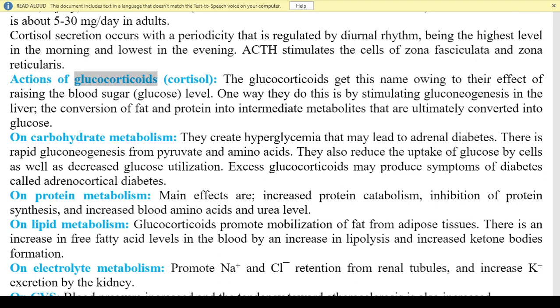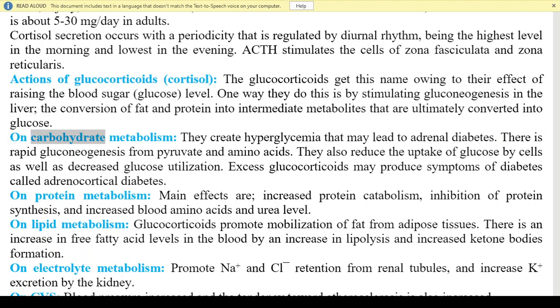Actions of glucocorticoids, cortisol. The glucocorticoids get this name owing to their effect of raising the blood sugar, glucose, level. One way they do this is by stimulating gluconeogenesis in the liver, the conversion of fat and protein into intermediate metabolites that are ultimately converted into glucose.